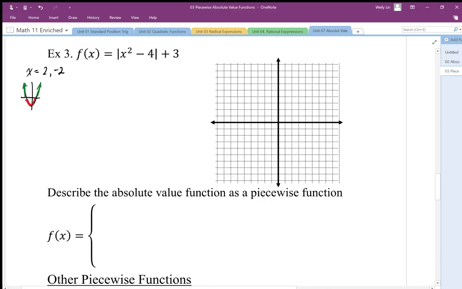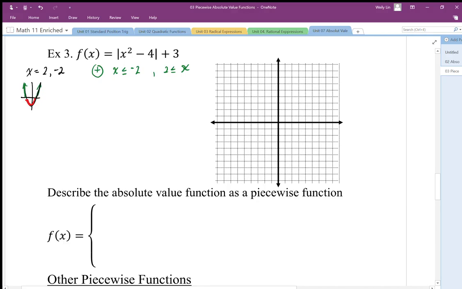But this little picture here is just for my domain. So to find my positive domain, I'm going to be using values less than or equal to negative 2 and greater than or equal to positive 2. That's going to be the domain of the positive parts of the function.